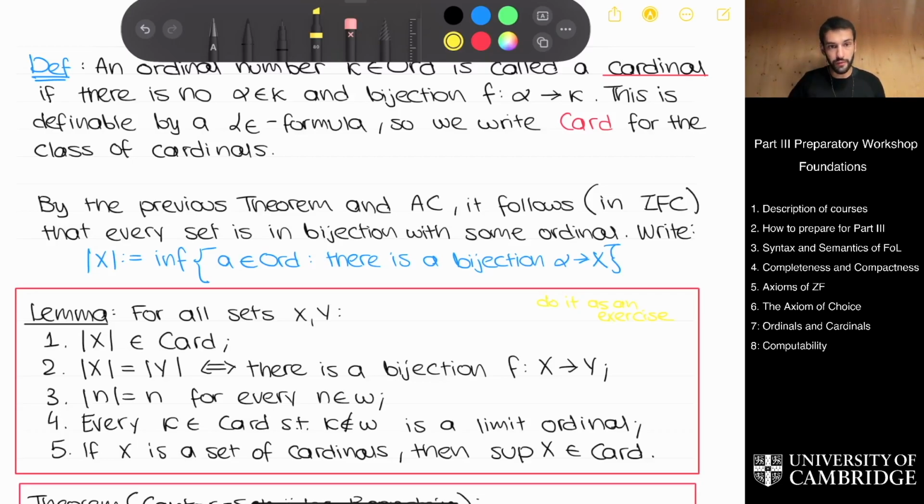Therefore, we may define the cardinality of a set to be the infimum, the least ordinal which is in bijection to this set. Clearly there is such an ordinal; we simply take the least such one. And we know that this is an ordinal. Why? It's the infimum over a class of ordinals, by the corollary that I mentioned before.